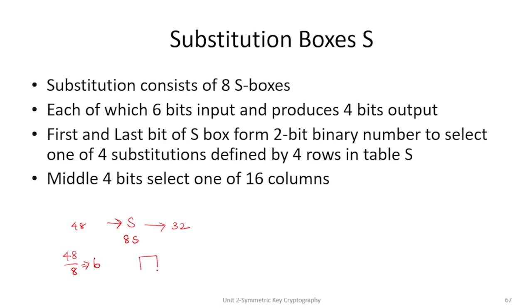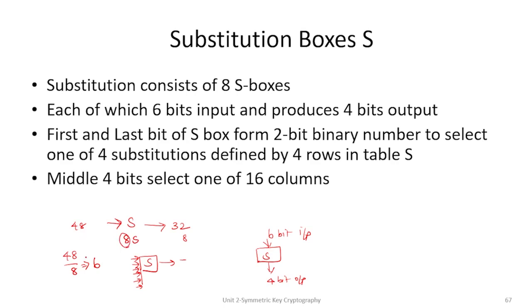So each S box contains 6 inputs, and 32 divided by 8 is 4, so 4 times 8 is 32. Each S box contains 6-bit input and 4-bit output. So totally 8 S boxes means 6 times 8 is 48.